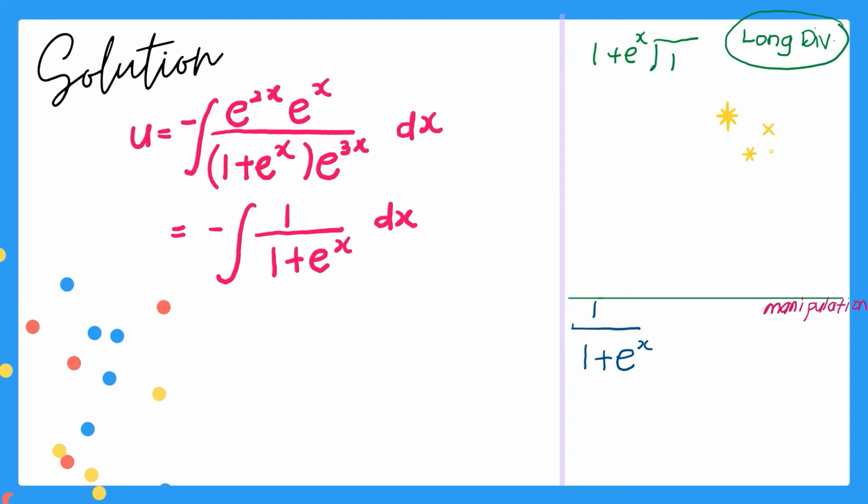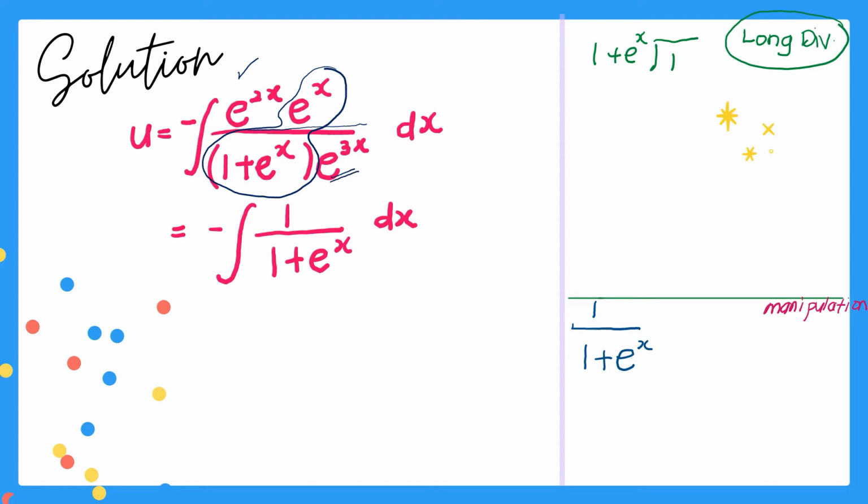So u is given by negative, and we need to integrate y2, this is our y2, and then this is our f(x), e^x, over, once again, a is 1, and this is our Wronskian from just now.